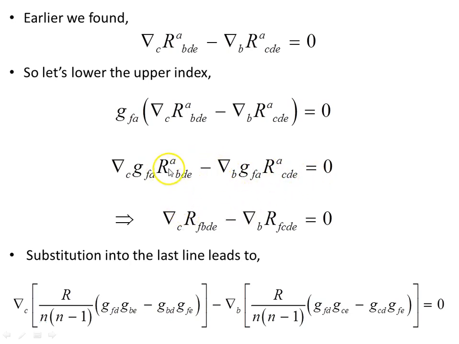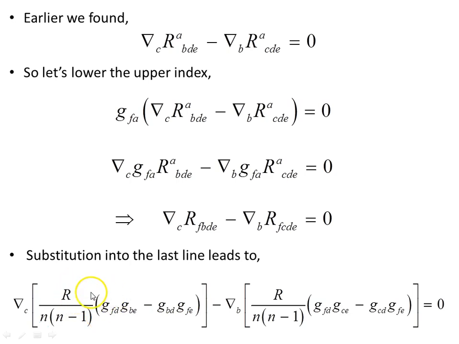Now, when we lower the index a here, put f, and here a, put f, we get this result here, equal to 0. From the previous page, we saw that the Riemann tensor was equal to the Ricci or curvature scalar divided by n times n minus 1 times this arrangement of the metrics. So this applies in a maximally symmetric space.